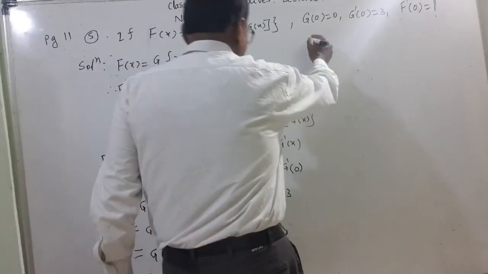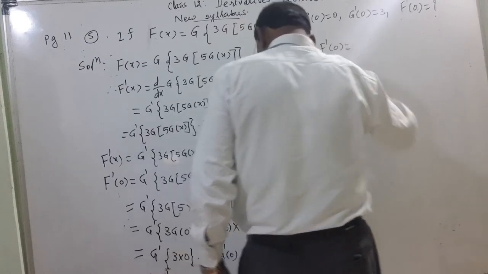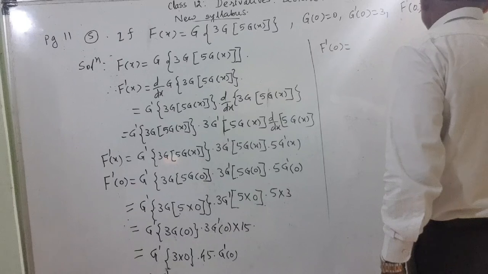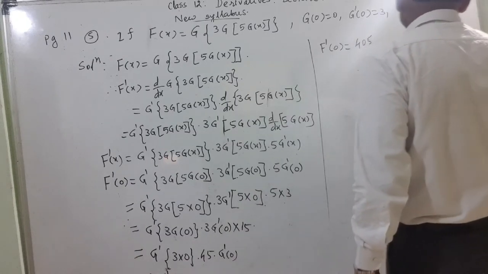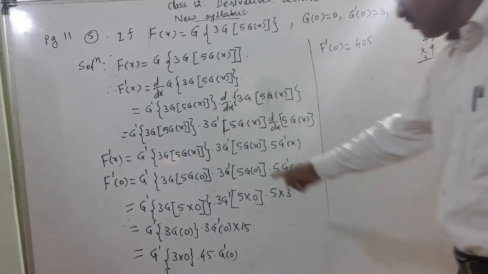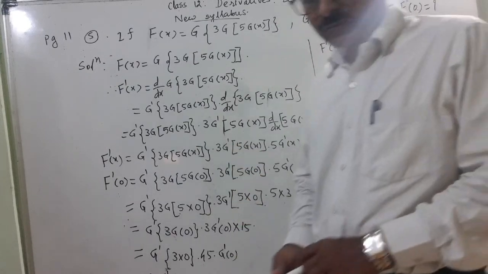So f dash of 0 is equal to 45 into 9. 9 5s are 45, 9 4s are 36 plus 4 is 40, so 405. So, this way, this sum is very important. Here there was a mistake of writing the dash. So, okay.